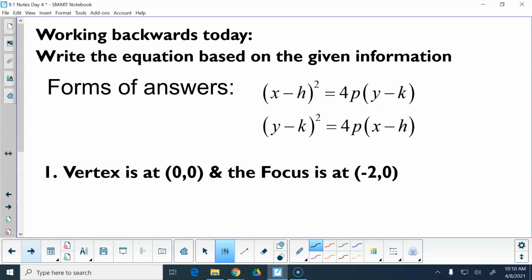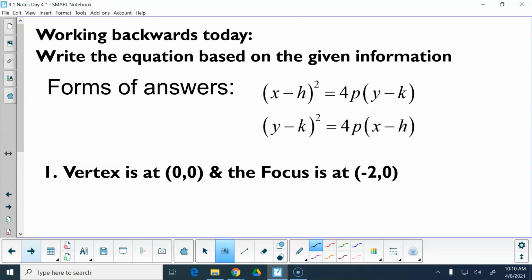Up to this point this week, you've been given the equation and asked to graph it. Now I'm going to give you two parts to the graph, and you're going to give me the equation.